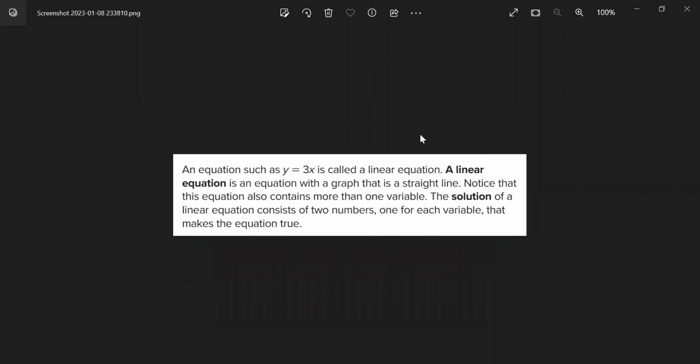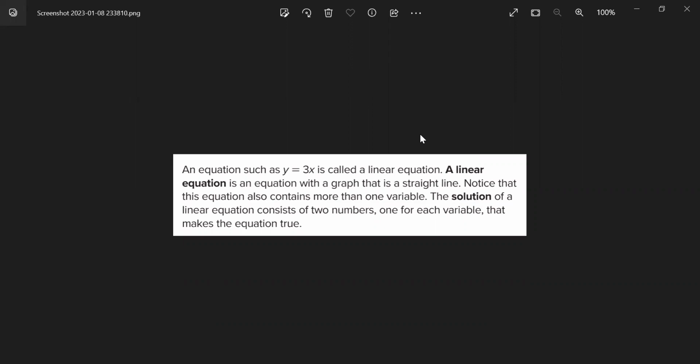Before we go there, if you go to the next page, 176, it says an equation such as Y equals 3X is called a linear equation. A linear equation is an equation with a graph that is a straight line. Notice that this equation also contains more than one variable.